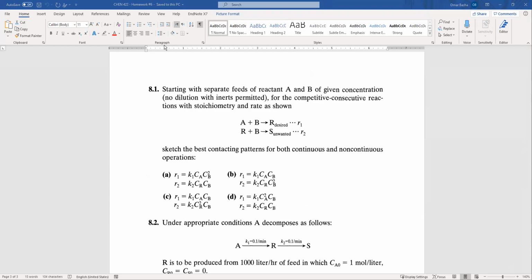8.1: starting with separate feeds of reactants A and B for the competitive consecutive reactions with stoichiometry and rate as shown below, sketch the best contacting patterns for both continuous and non-continuous operations to get the desired product. This is similar to the first one we did.